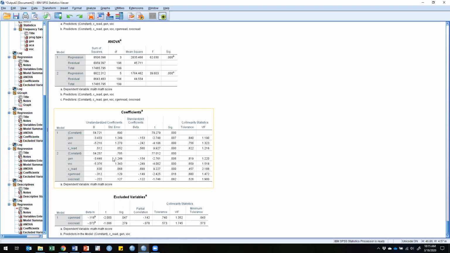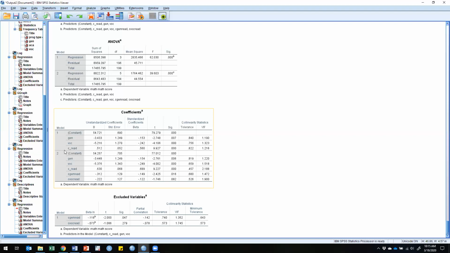So this is then the estimated math score for someone who's in the academic track, right? Someone who's 0 on both of these, who's in the academic track, who has an average reading score, so whose reading score is at the mean. This is where it changed. Before, the constant was for someone who had a reading score that was 0, which probably wasn't substantively interesting.